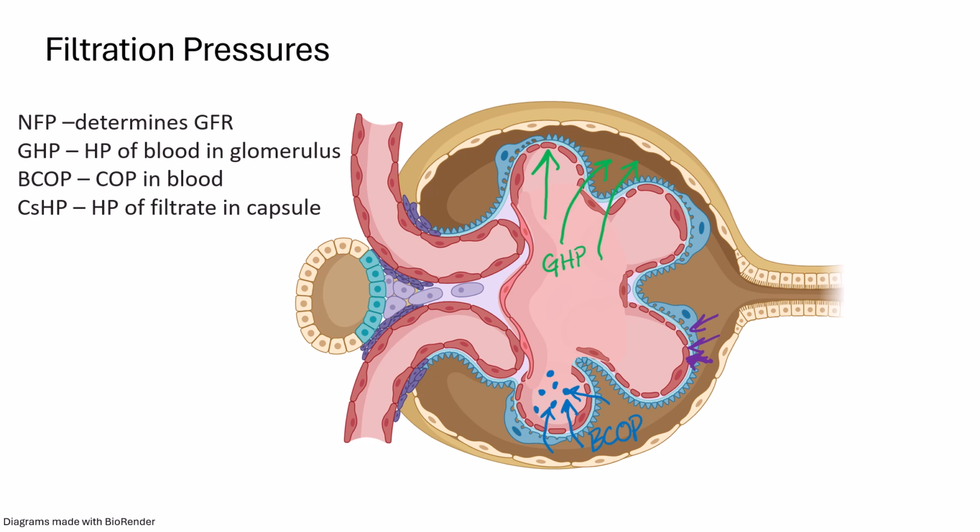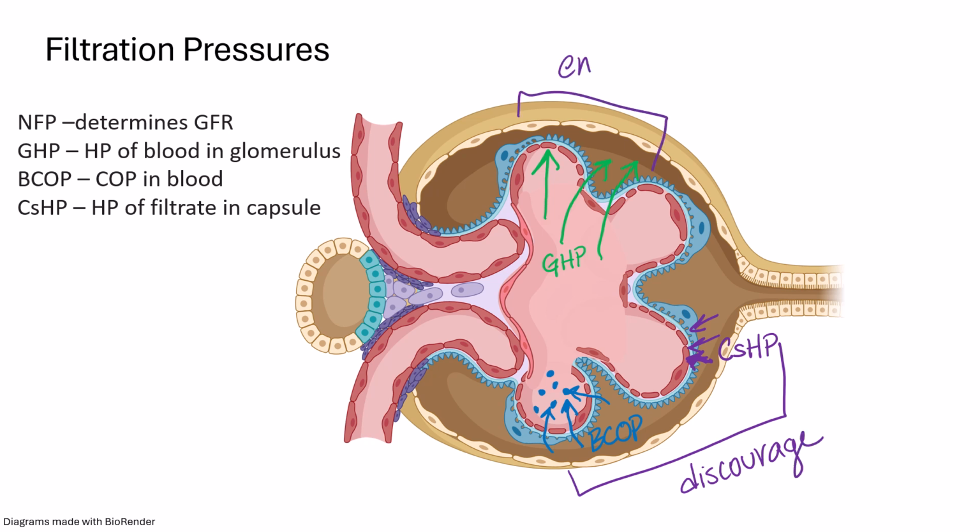The water inside the balloon exerts a force on the balloon wall. That's the glomerular hydrostatic pressure. But so does the water on the outside of the balloon. It also exerts a pressure on the balloon wall, and that is what is called the capsular hydrostatic pressure. These two things here discourage filtration. They would lower your GFR. This one thing here is the only thing that encourages filtration, and it's largely driven by your blood pressure.